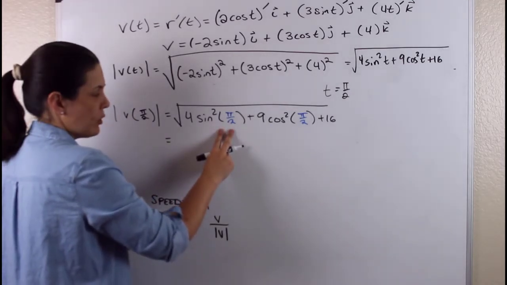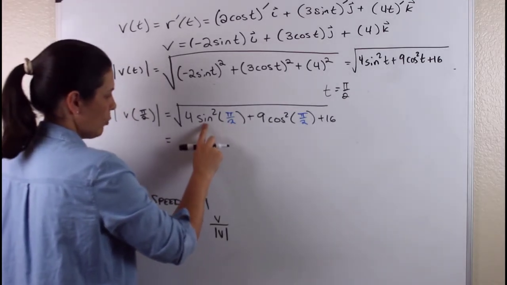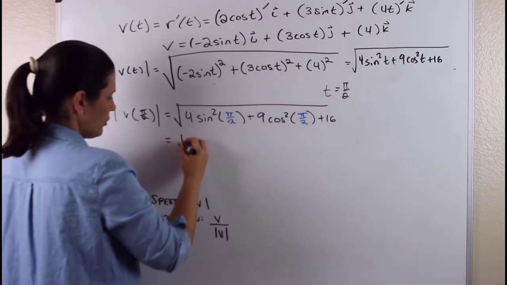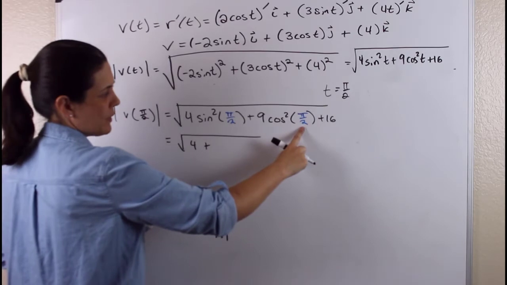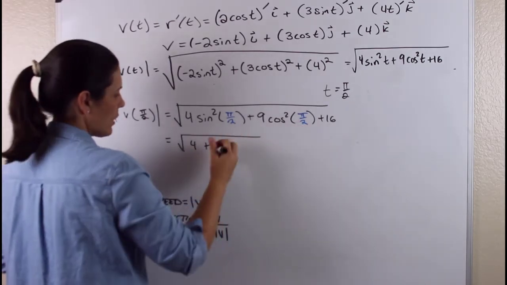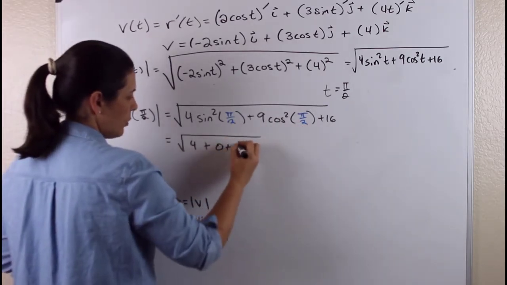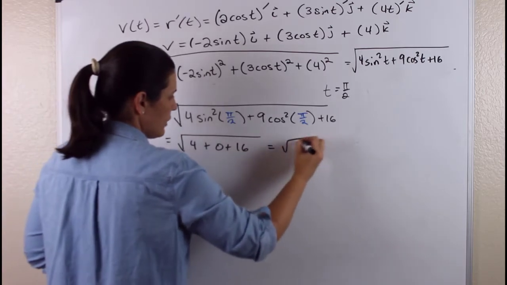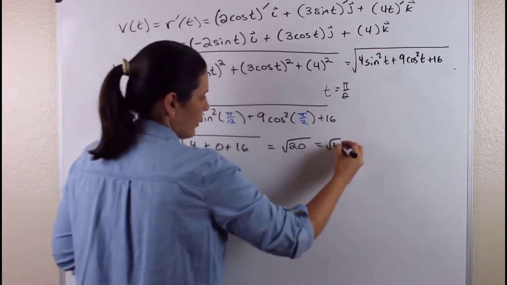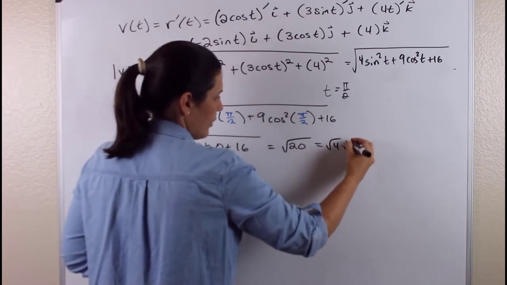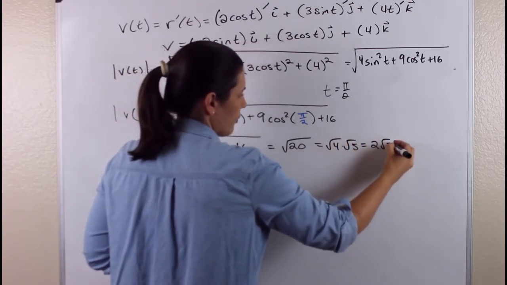Sine of pi over 2 is 1, so this is 1 squared times 4. So the square root of 4 plus cosine of pi over 2 is 0, so this is 0 times 9, so that's 0 plus the 16. So this is the square root of 20, which if you break that down, that's the square root of 4 times 5, which is 2 square root of 5.